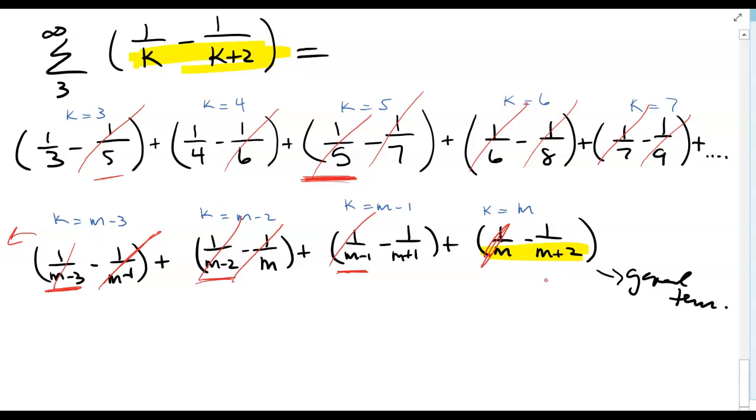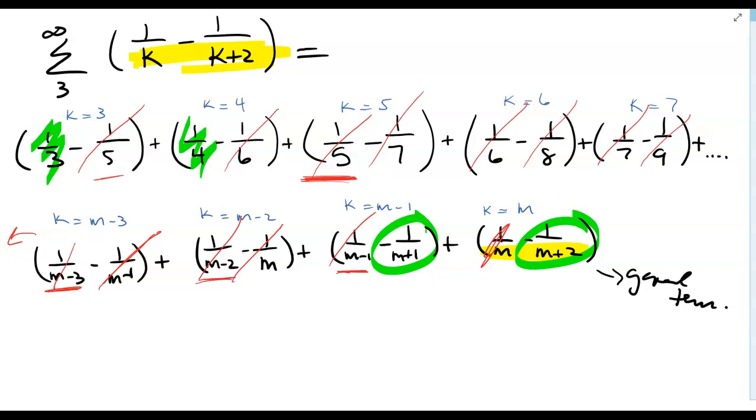So what do we have left? Here's the deal. We have to think about what we've got left here. So what we have is, I'll do it in green, our 1/3, our 1/4, and we have these general terms that we need to use. All right. So it's going to end up equaling 1/3 plus 1/4. So what are we going to do with those?